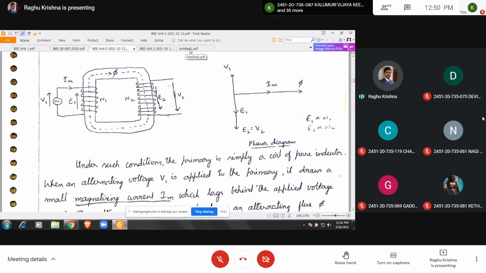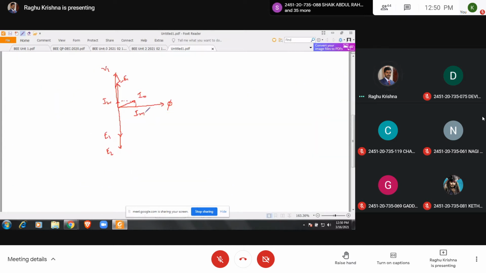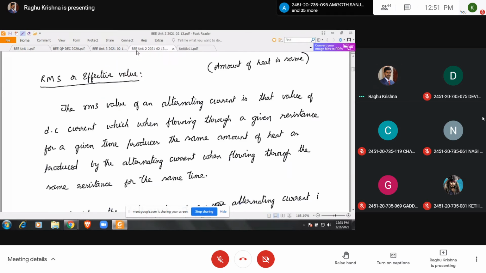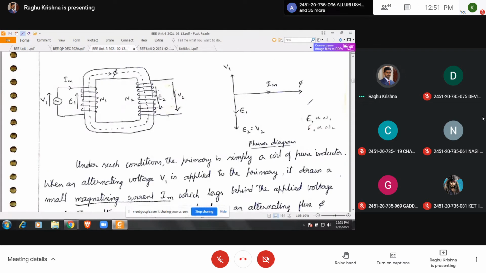If you take a practical transformer, with IM you will also have IW, and this is I0. This is the voltage drop due to resistance, and this is the voltage drop due to leakage flux. If you add these, you are going to get V1. So for you, this is enough.